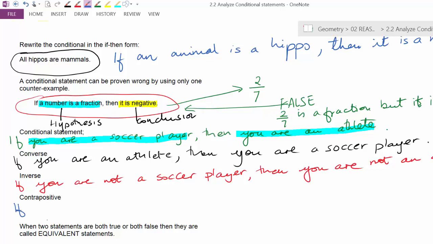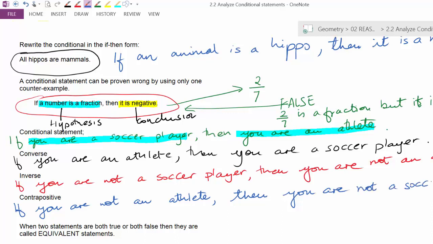So we say if you are not an athlete, then you are not a soccer player.